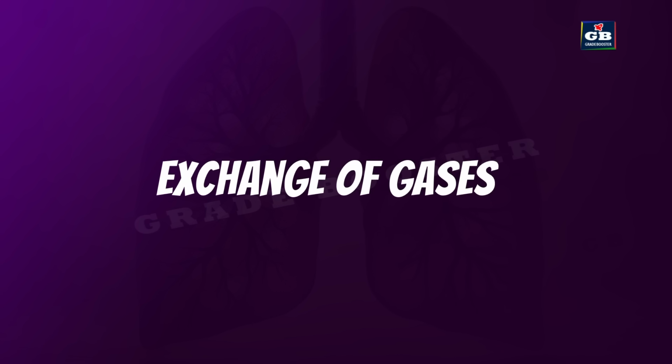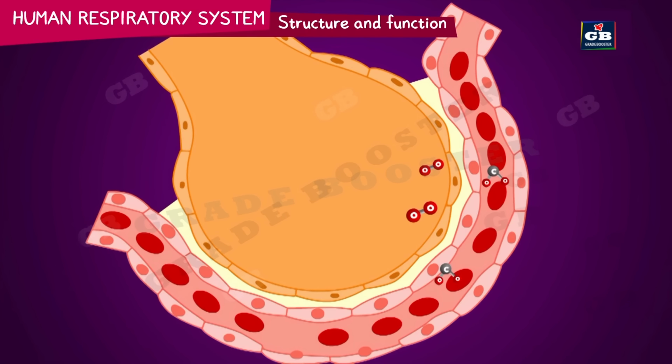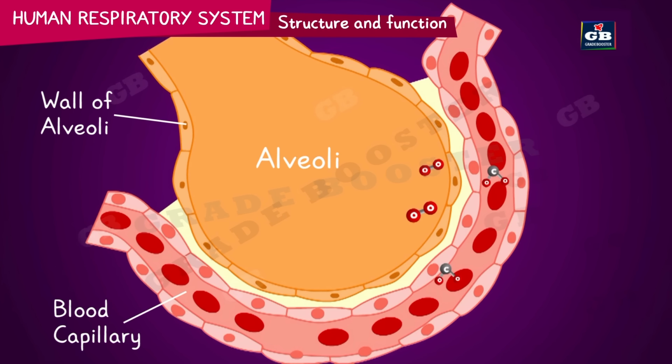Exchange of gases. The wall of the alveoli is only one cell thick and it has a network of blood capillaries. Here, the exchange of gases takes place between the blood and alveoli. The blood that comes from the body parts has more carbon dioxide in it. The air that enters the alveoli has more oxygen in it.